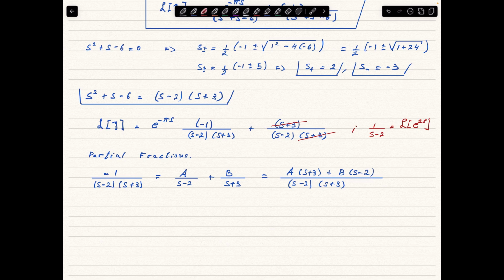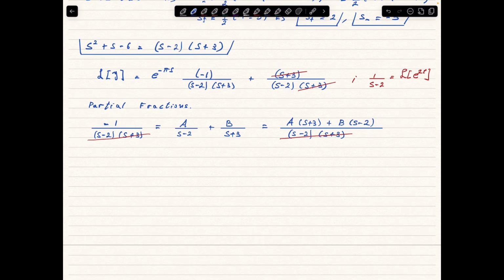At this point, the denominators of the last and the first equation are the same, so the numerators have to be the same, and the numerators are that negative 1 is equal to a(s plus 3) plus b(s minus 2). And this is an equation that has to be true for all s.